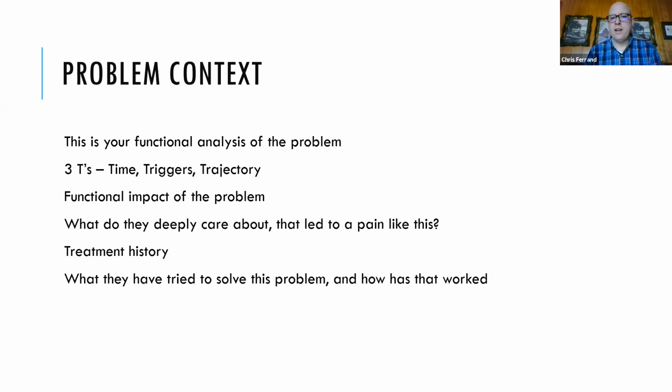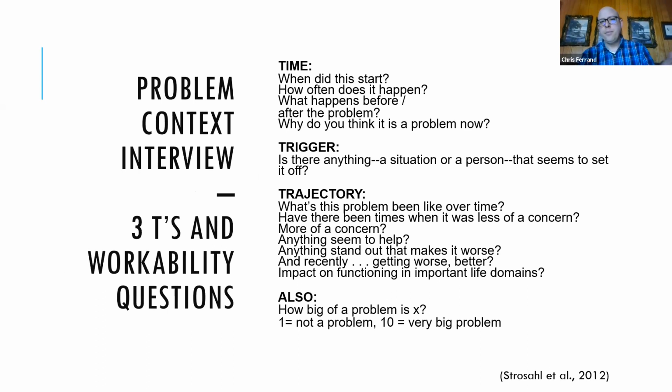What have they tried to solve this problem? How has that worked? So the questions are here. Again, these are all going to be in the slides and in the resources I give you. And so just getting a sense for time, triggers, trajectory, and then also how big of a problem this is.